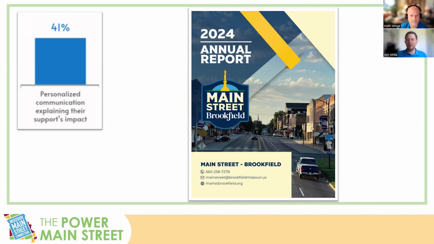It helps build validity to the organization's efforts as well, if you specifically call out in there, these are the things that we're using your donations for. It's not just that we're funding downtown revitalization. This is how we're going through those revitalization efforts, and this is actually what we're using that funding for.